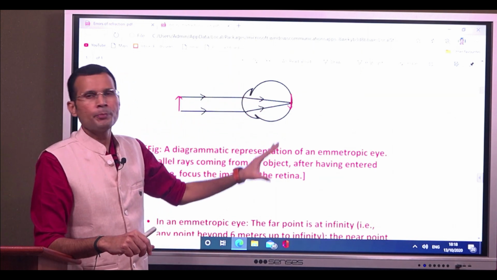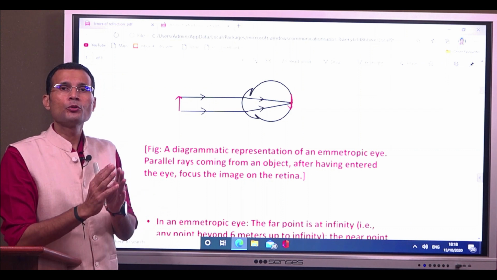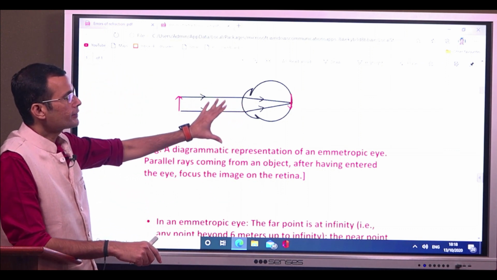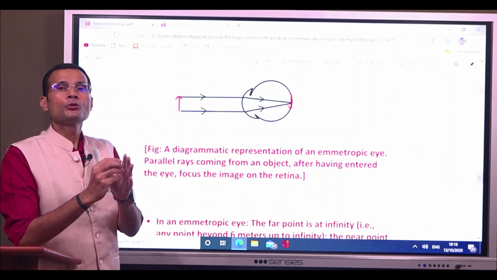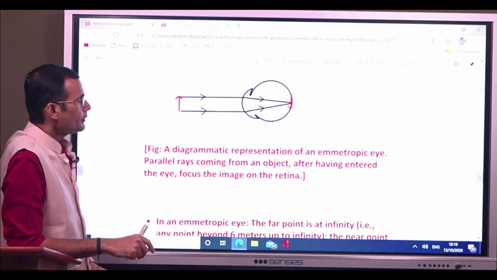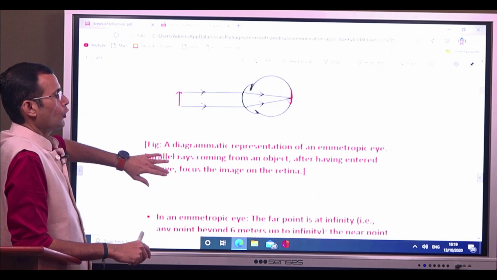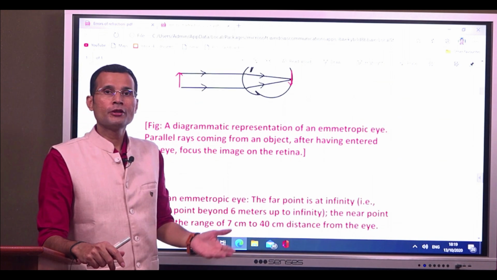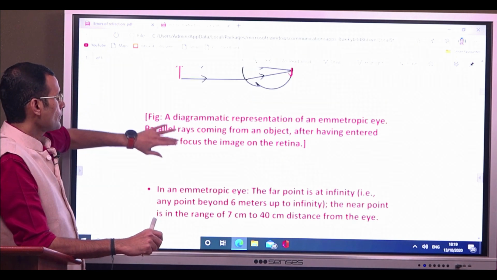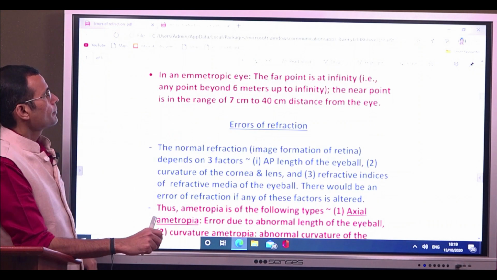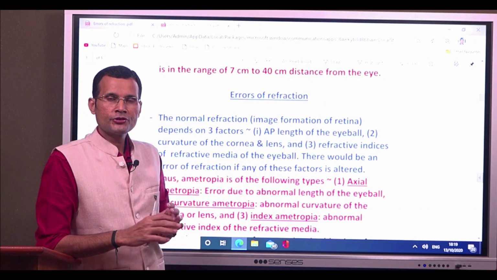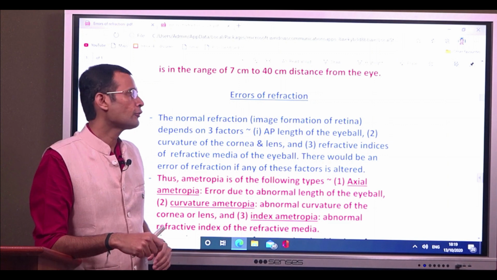This is a simplistic model for us to understand the refraction. Therefore, this I have drawn to explain the focusing of light rays on the retina, how it happens, or how the errors of refraction will not allow this to happen. Right. Now with this background, let's understand various errors of refraction.